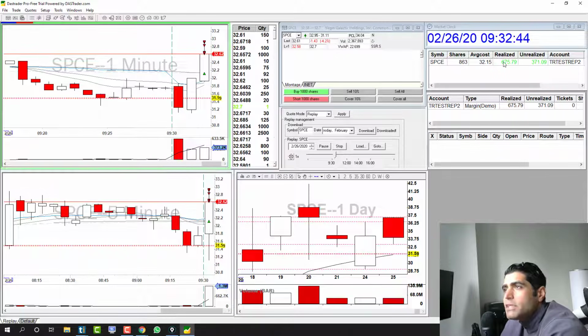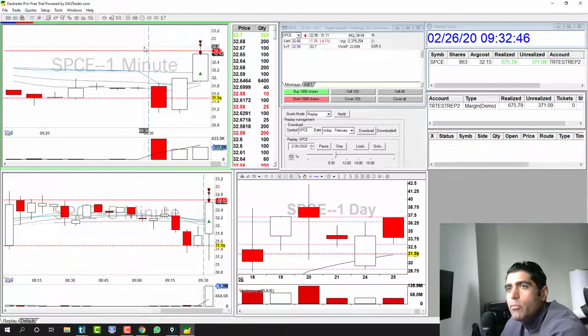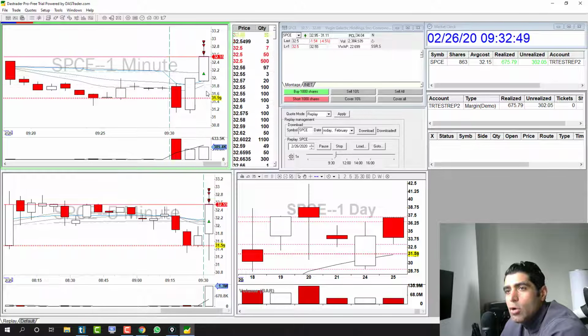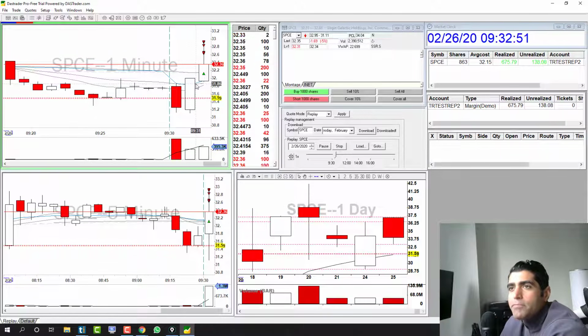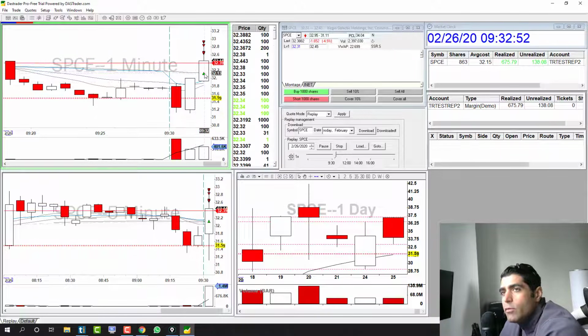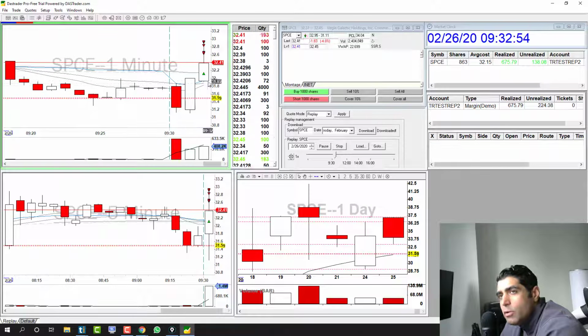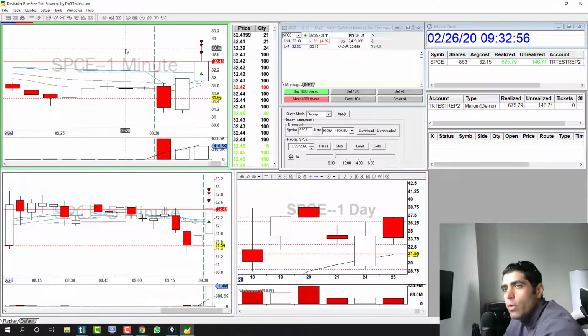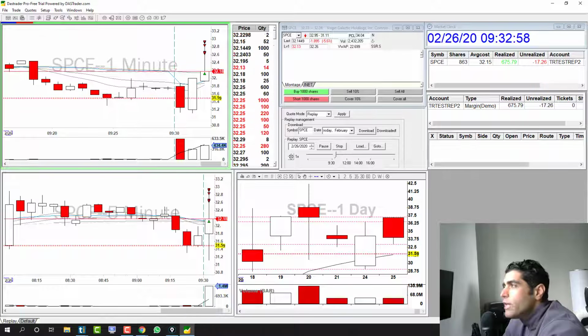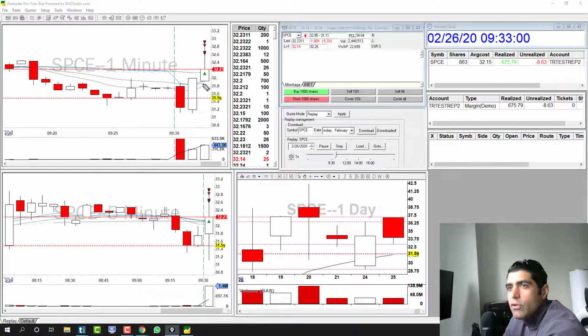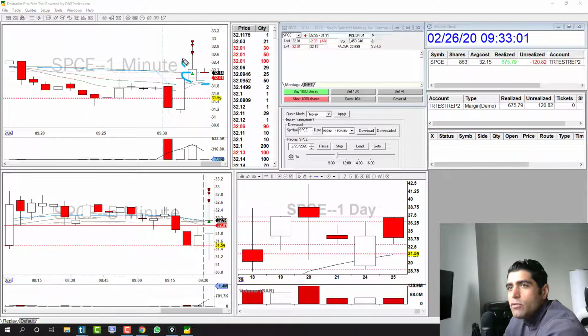And now that I'm covering some, my stop loss would be at the break-even point. I'm not going to let the stock go back into my break even. So if it comes back and drops below 32, you want to get the hell out of it. You don't want to be in there. So now it's already a really good risk to reward. The profit was really good here in terms of risk to reward.